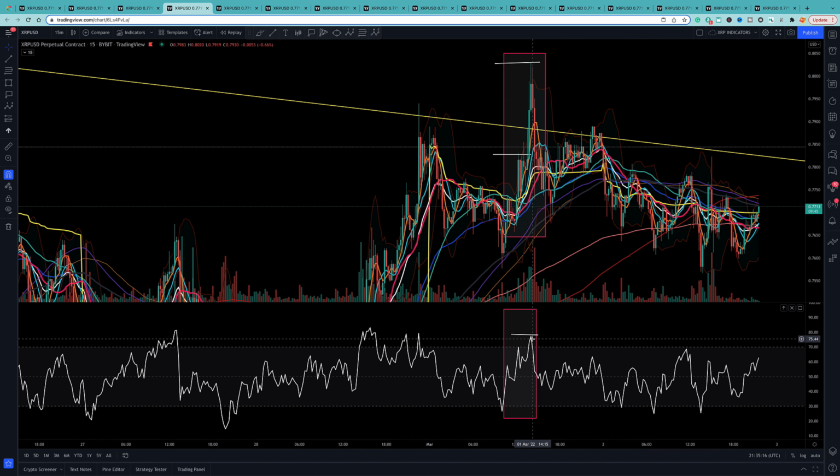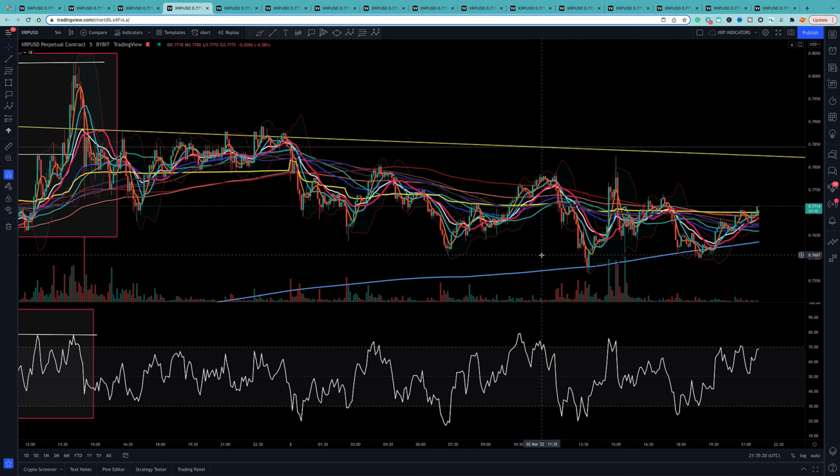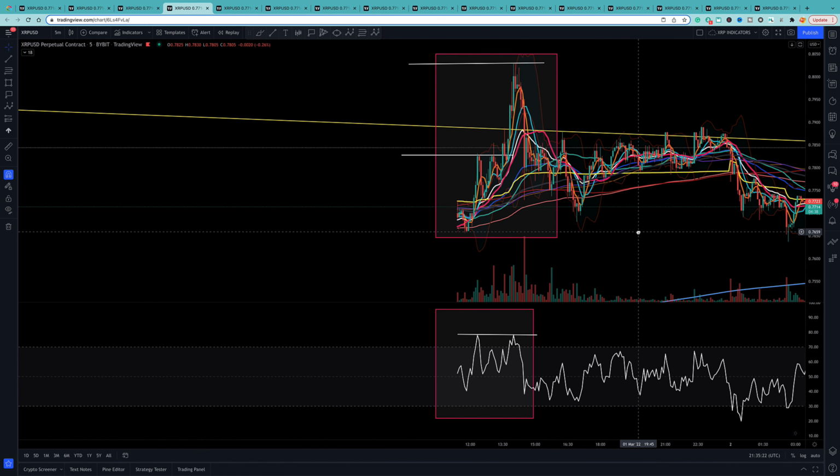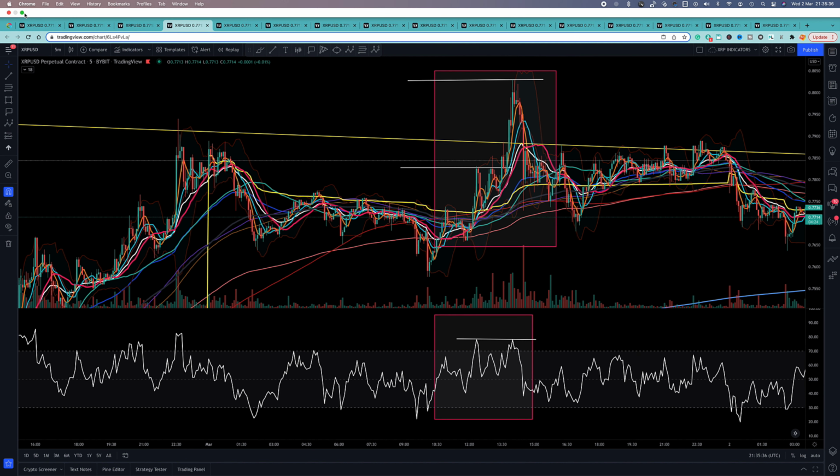It all looks very reasonable. But on the 5, there we go. The 5 tells you that the RSI is getting tired. It needs to correct. So that's a little gem. Excuse me.